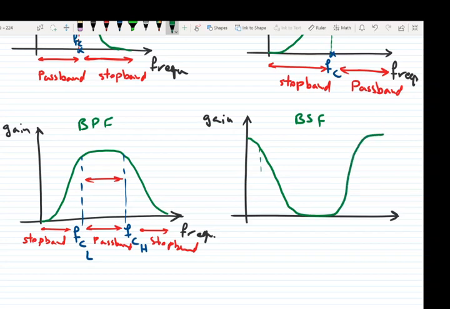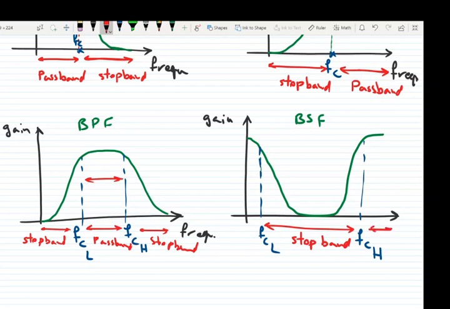You see, it has two cutoff frequencies, one here FCL, one here FCH, and of course between these two frequencies is a stop band, and the other two are pass band.